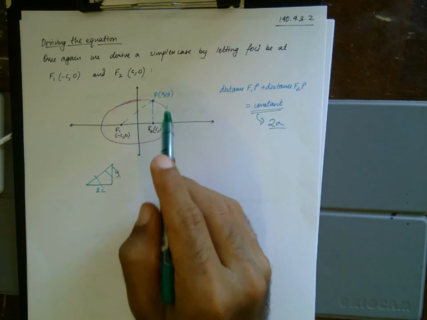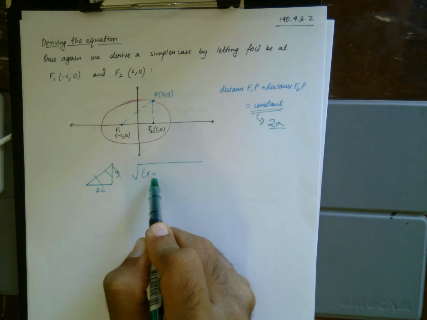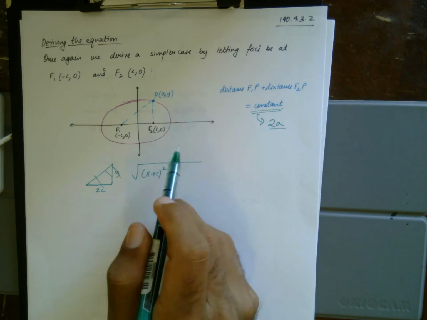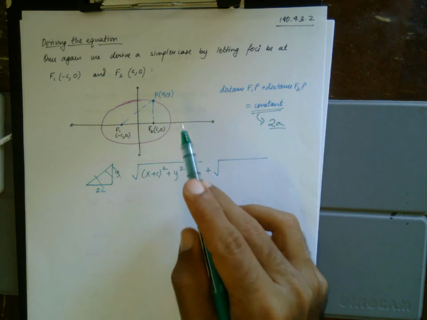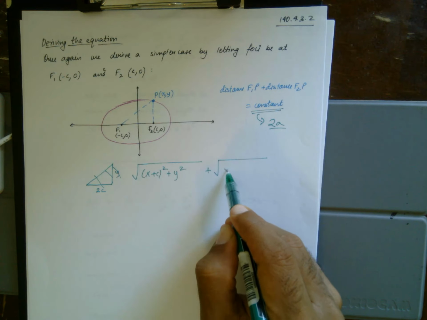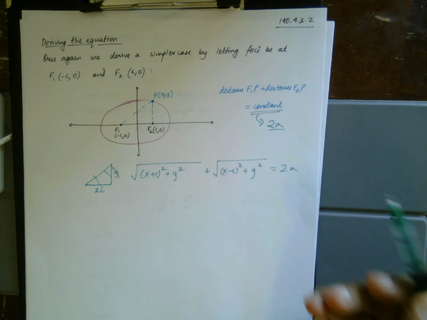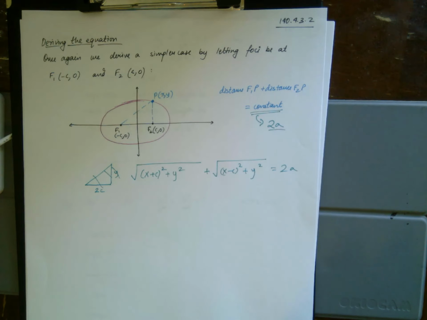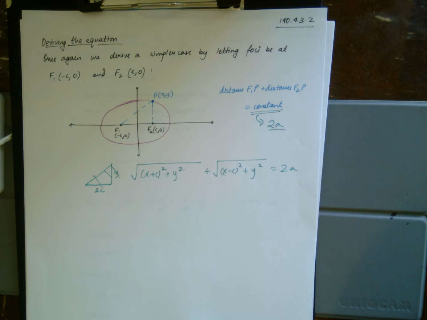We can use the distance formula. So that would give me the square root of x plus c squared plus y squared, plus the square root of x minus c squared plus y squared, equals some constant 2a. So this distance PF1 plus PF2 gives me a constant.